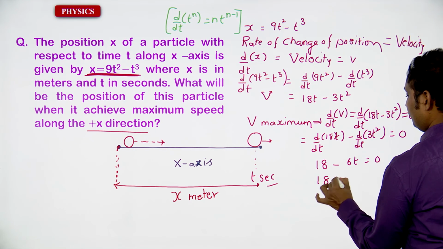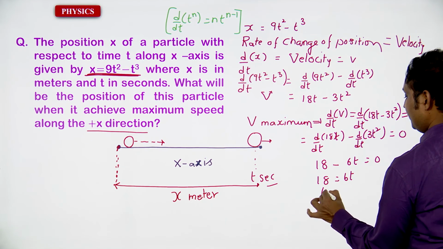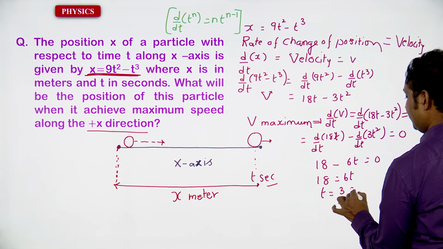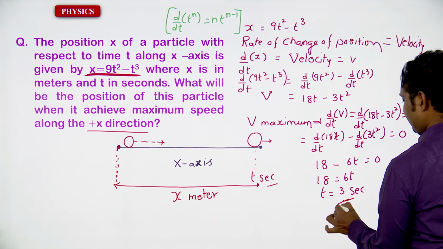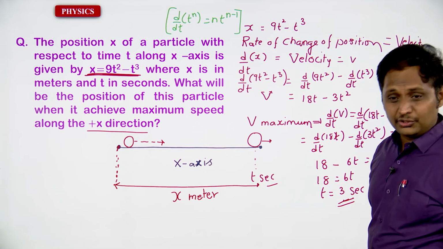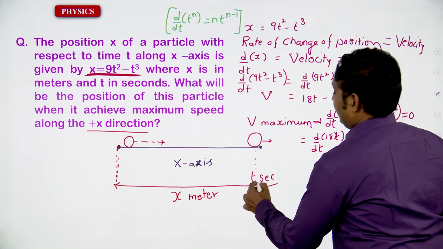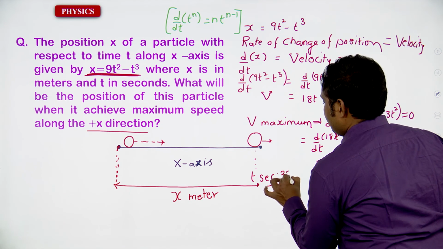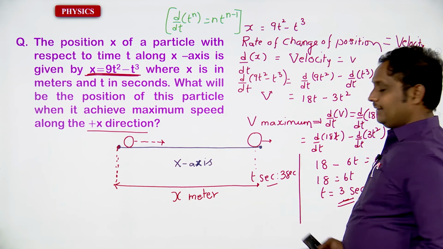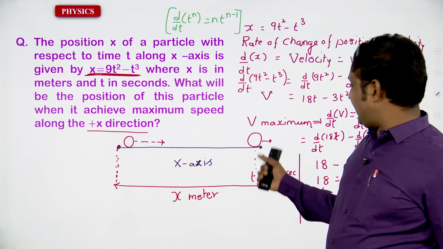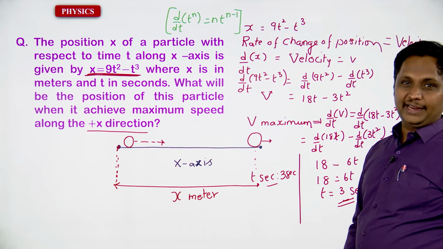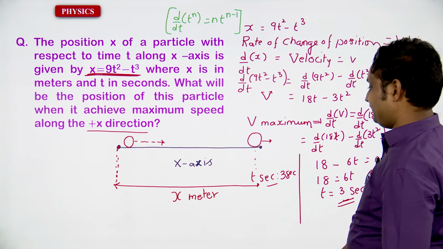So, 18 is equal to 6t, t is equal to 3 seconds. We have that information regarding the maximum speed: at t equal to 3 seconds, its speed is going to be maximum.